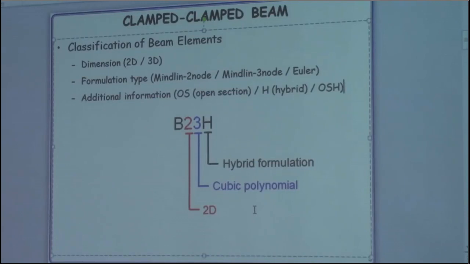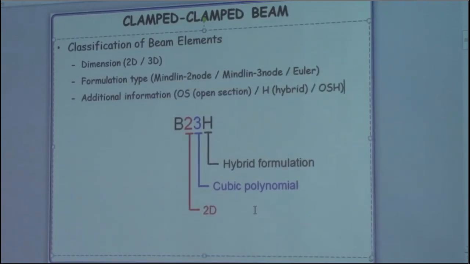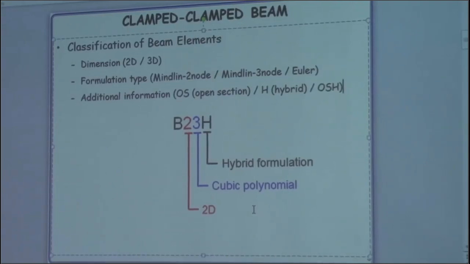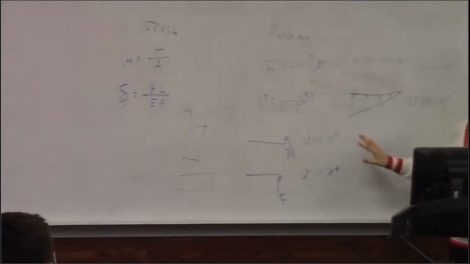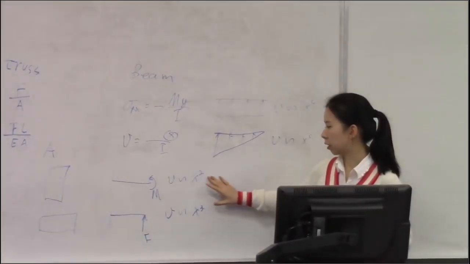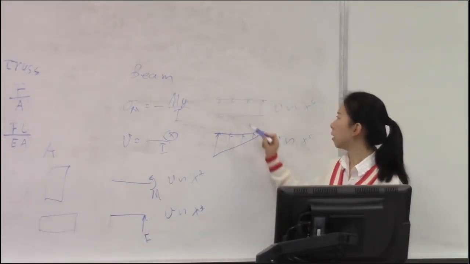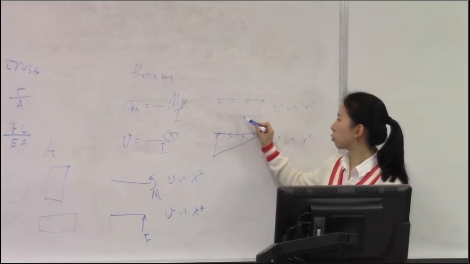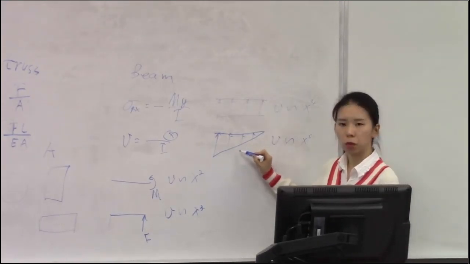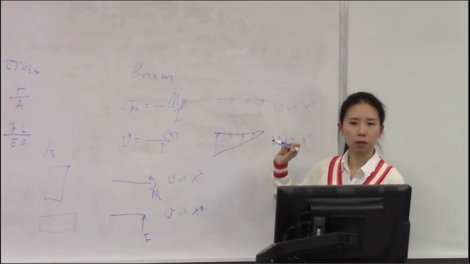This means that if the beam is subject to a bending moment or concentrated force, one element will give you an accurate result, right? Because this is like second order and cubic. But if it has a constant distributed force or linearly changing distributed force, this beam element can only approximate. Do you know what I mean?